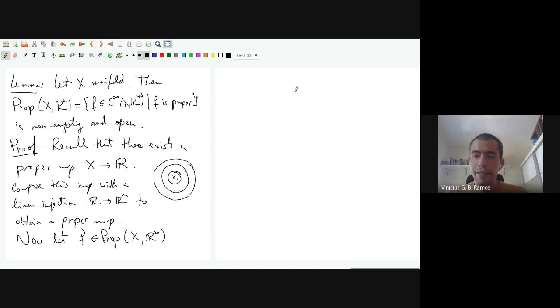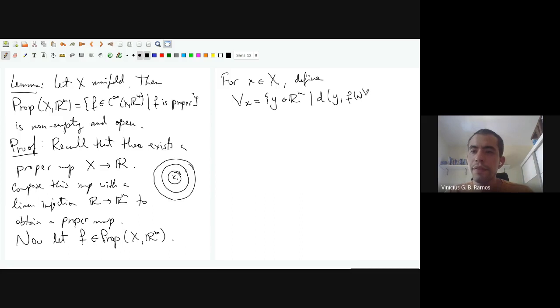So for x in X, we're going to define a neighborhood Vx, which is the set of y in Rm such that the distance from y to f of x is less than 1.